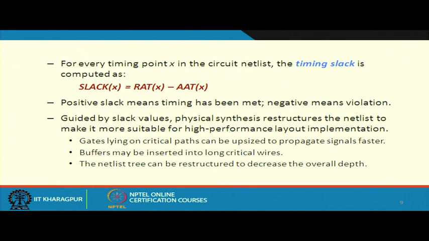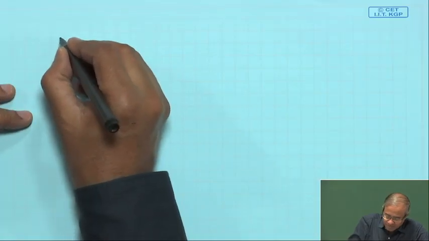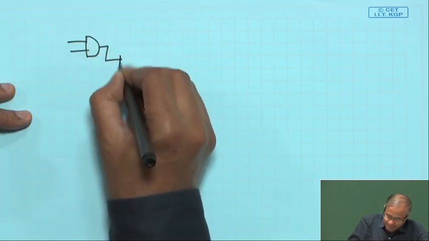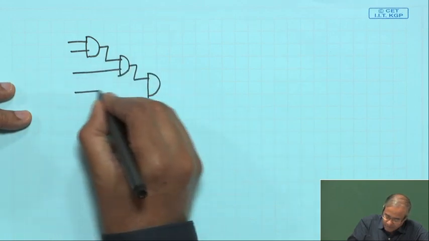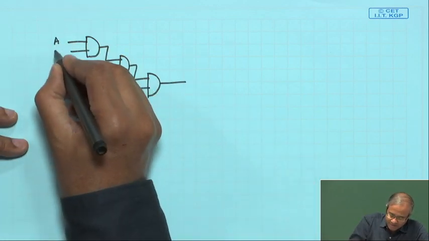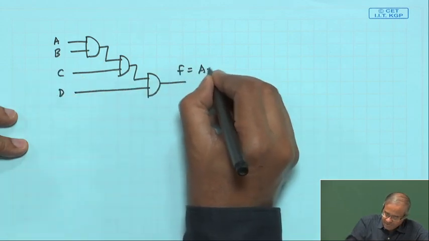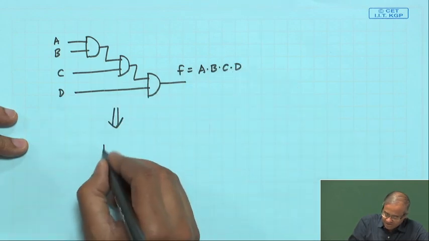And thirdly, of course, the netlist tree you can restructure to decrease the overall depth. This is very simple, I am giving a very simple example. Suppose you have a netlist like this, just a 4 input NAND function. Let us say the inputs are A, B, C and D, the output produced is A, B, C, D. You can basically restructure it like this.